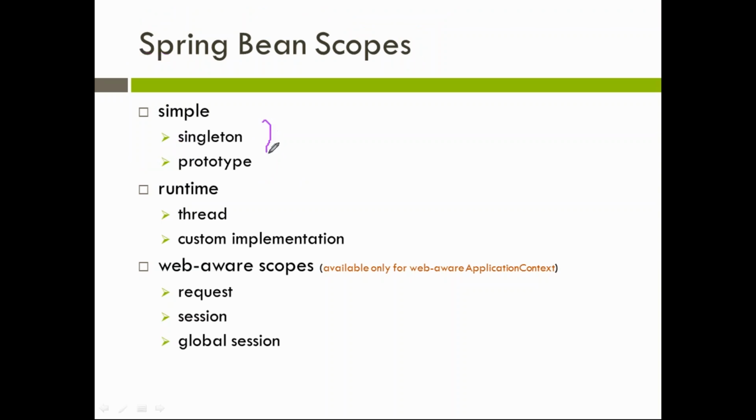So for a standalone application, there are these two bean scopes, singleton and prototype. I hope by this time everybody knows what singleton and prototype are, but however let me explain. Singleton is nothing but a bean which will maintain a single object across the application life cycle. Those types of bean scopes are called singleton bean scope.